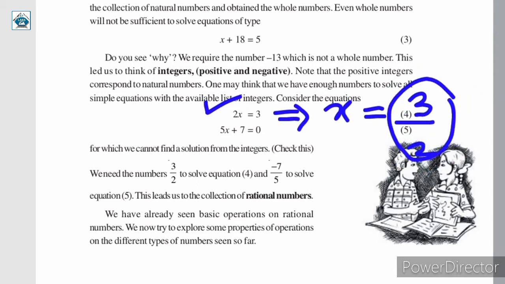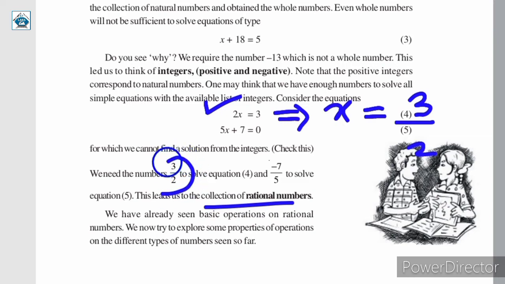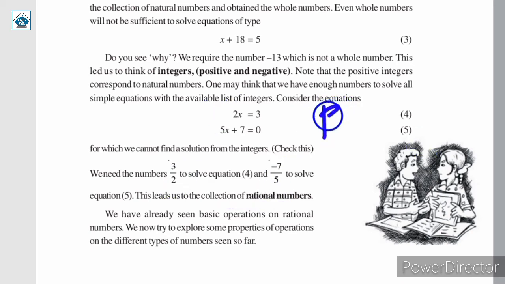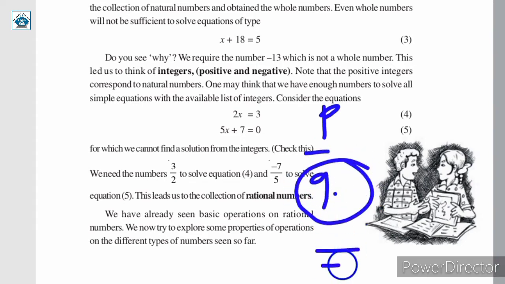So what is it? It is in the p by q form, which is included in the collection of rational numbers. So here 3 by 2 and the solution of this equation, minus 7 by 5, all these are rational numbers. It is always in the form p by q, where q will not be equal to 0.